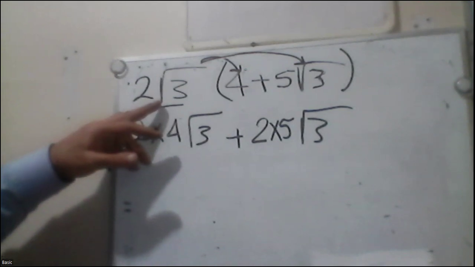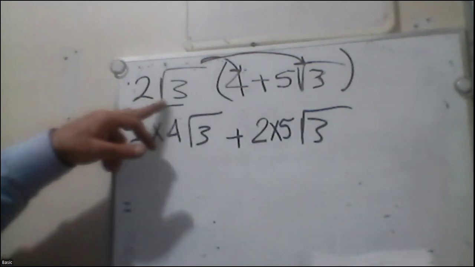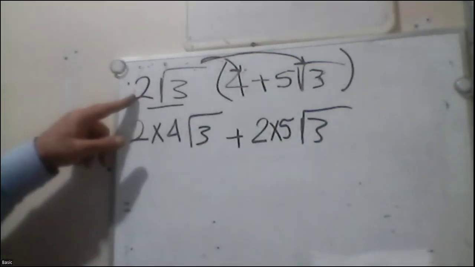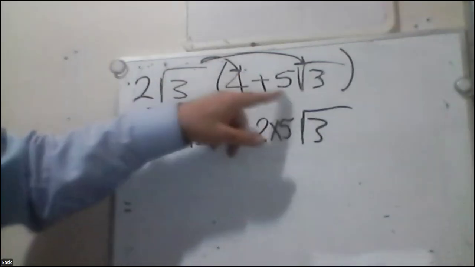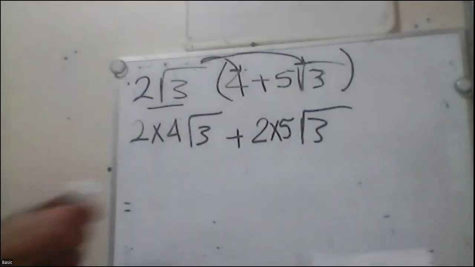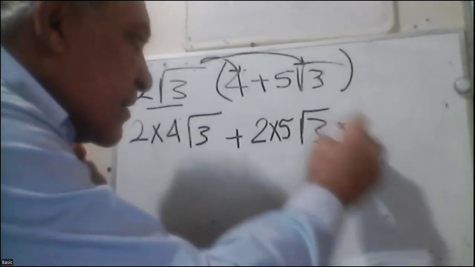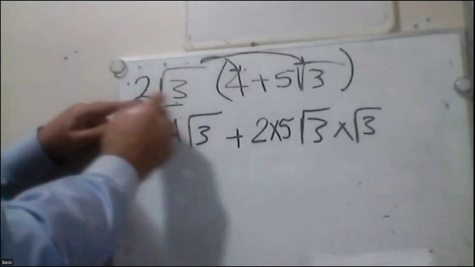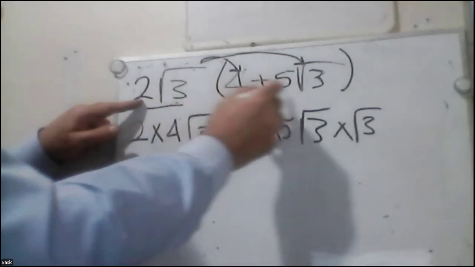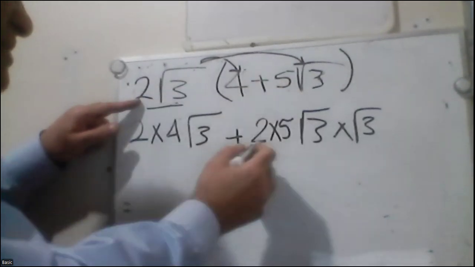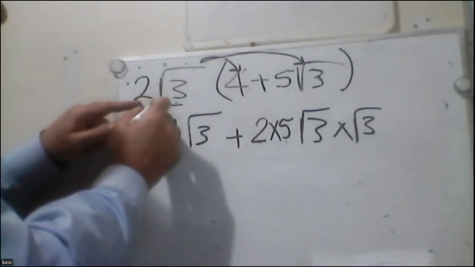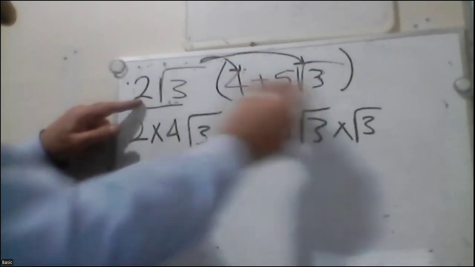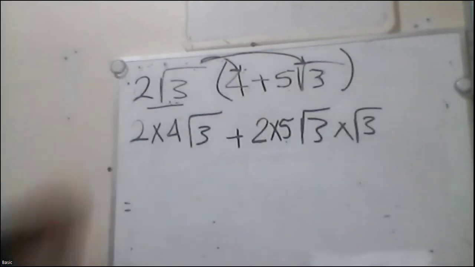Here, the root of 3 multiplied by the root of 3. So 2 and 5, this is okay, and the root of 3 multiplied by the root of 3 will give me another root of 3.